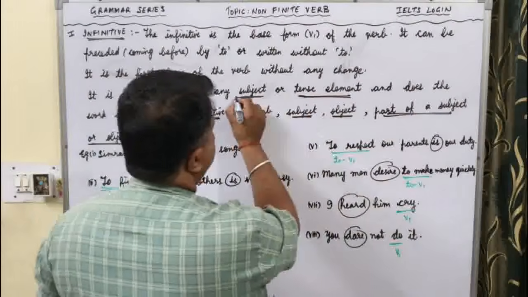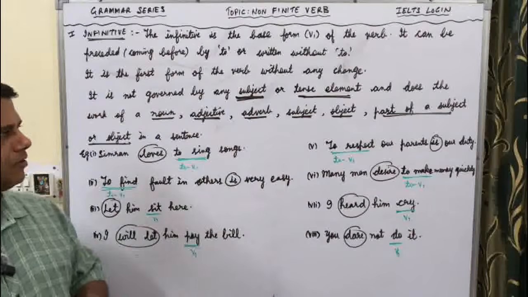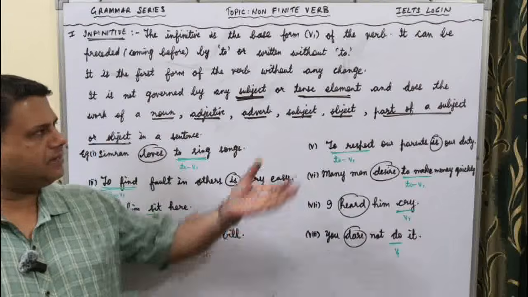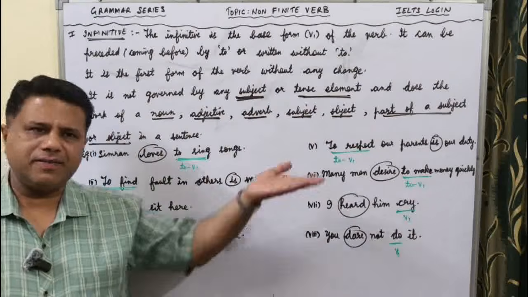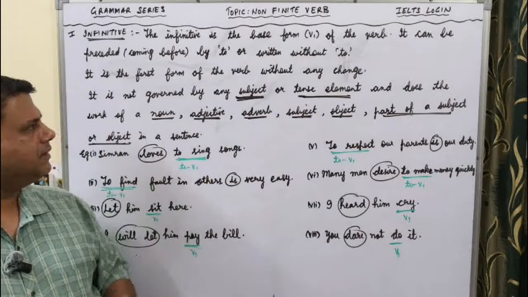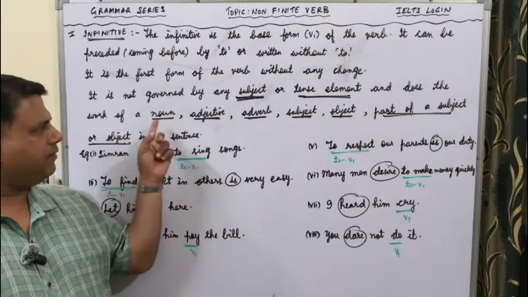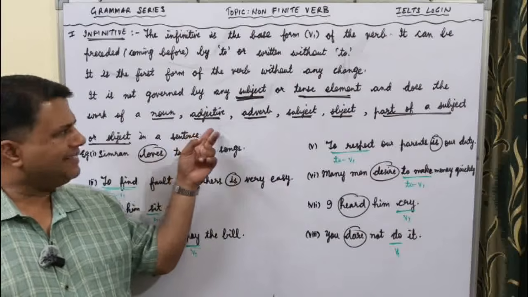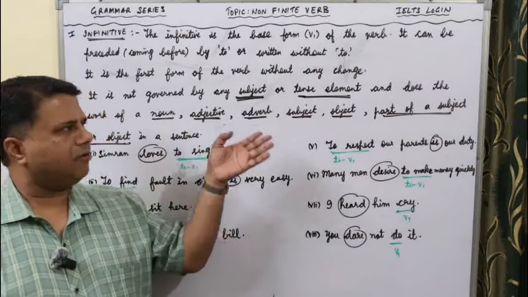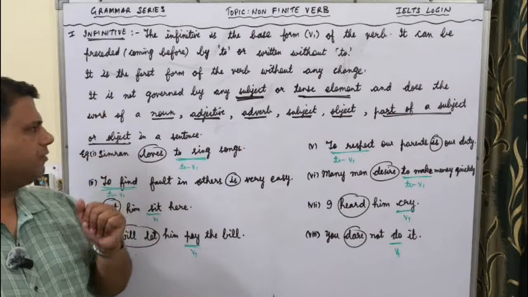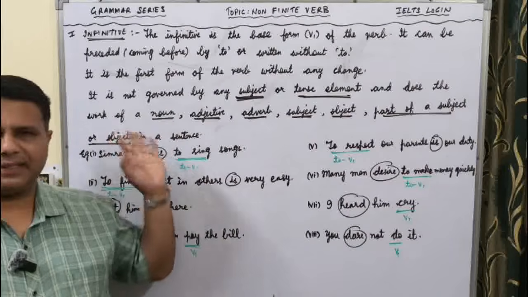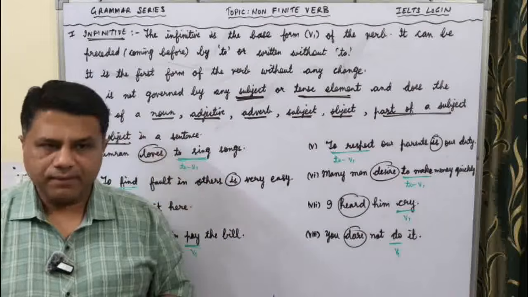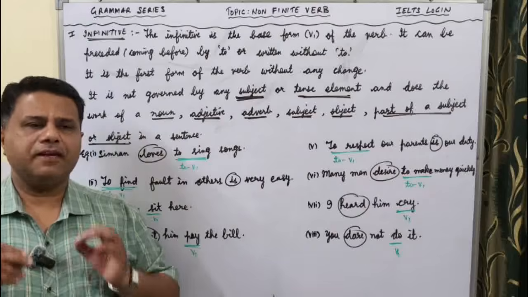Whether you use singular subject or plural subject, it will not change, and tense element is not there, obviously. That's why it is non-finite verb, and usually the role is that of a noun, adjective, adverb, subject, object, part of a subject, part of an object in a sentence, but not as verb. So this is the definition of infinitive.